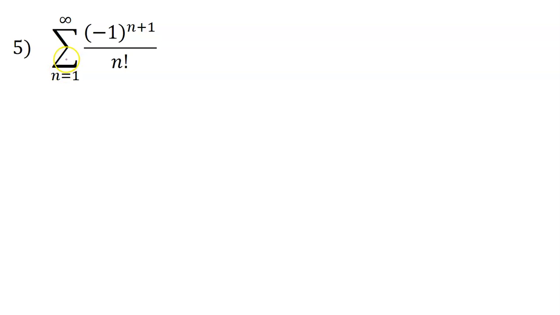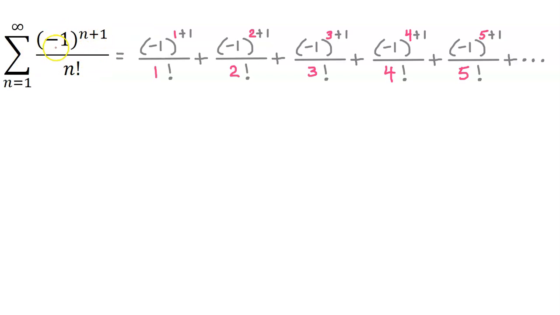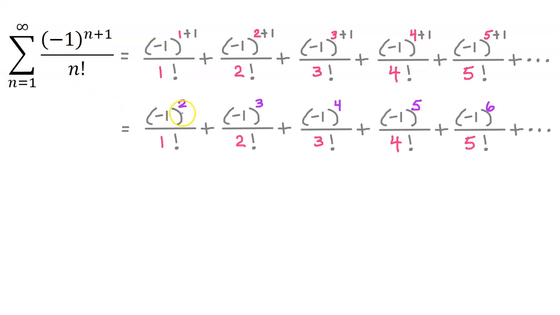Number 5 is written in sigma notation, so we have to generate the terms ourselves. Each term has the form -1 to the n plus 1 power over n factorial, starting with n equals 1 and then increasing by 1 each term. The exponents simplify to 2, 3, 4, 5, 6, and so on, and then -1 to an even power is +1, while -1 to an odd power is -1.